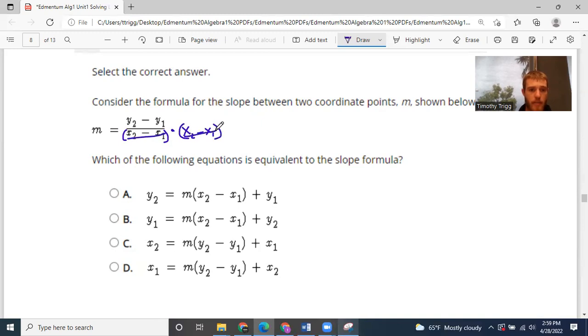This cancels this, but that means I need to multiply this left side similarly by X sub 2 minus X sub 1. This gives us, and I'm gonna put this on the left side here, Y sub 2 minus Y sub 1 equals M times X sub 2 minus X sub 1.